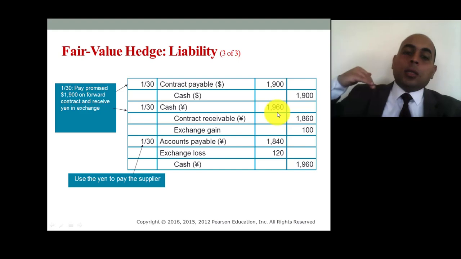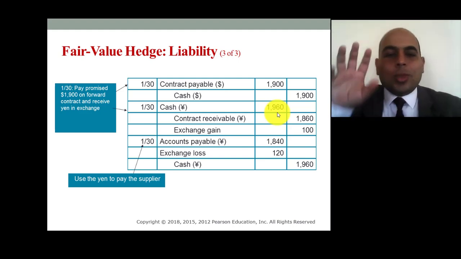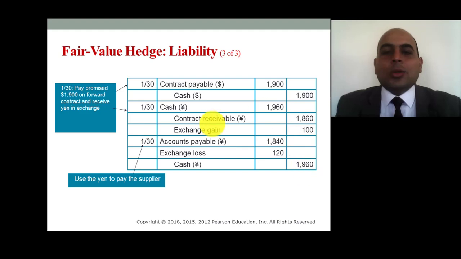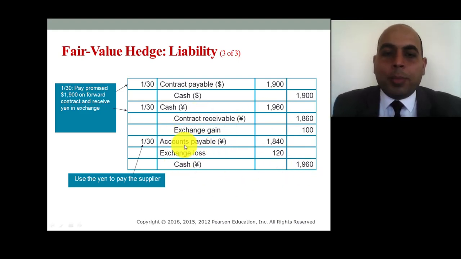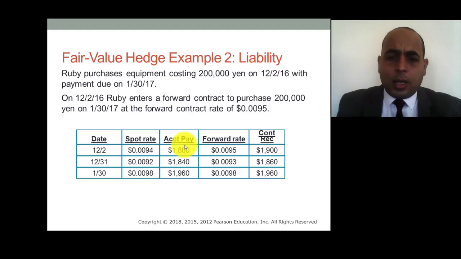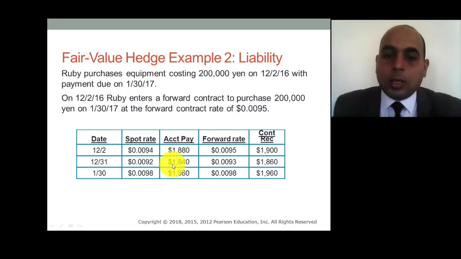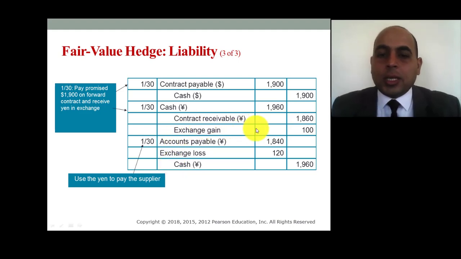At the end, we have to settle the amount of accounts payable. At the beginning, we entered into this forward contract to protect ourselves against the fluctuation of accounts payable. Here, the accounts payable balance, as you remember, is 1,840, already adjusted on the date of preparing the financial statement.